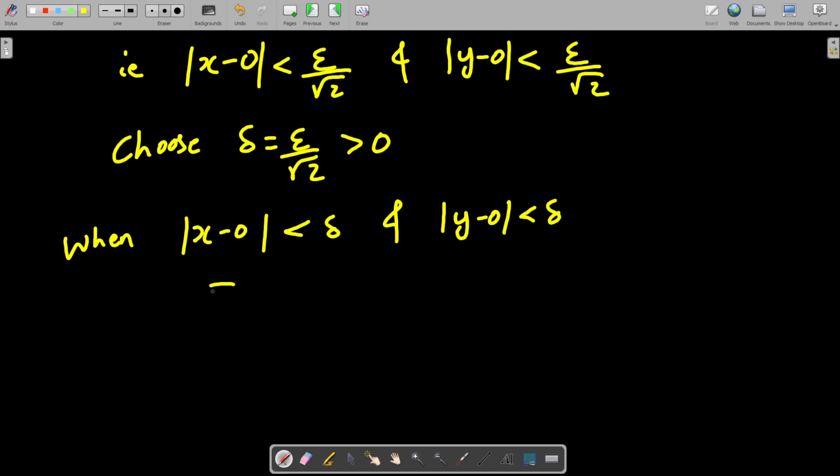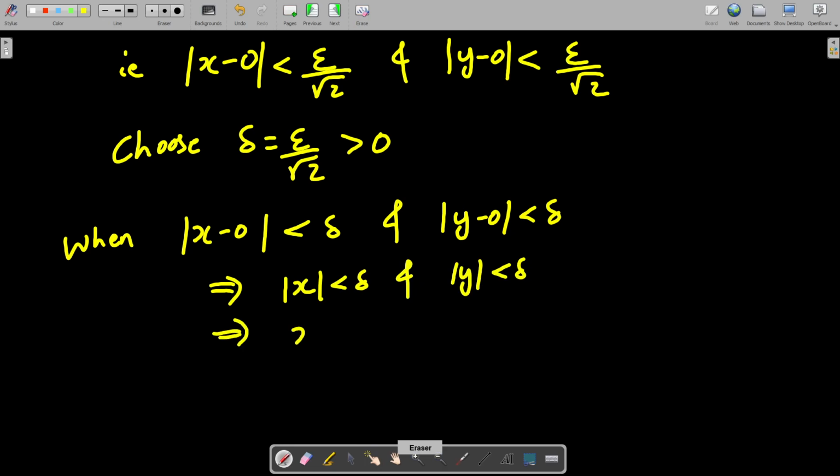This will imply that mod x is less than delta and mod y is less than delta.